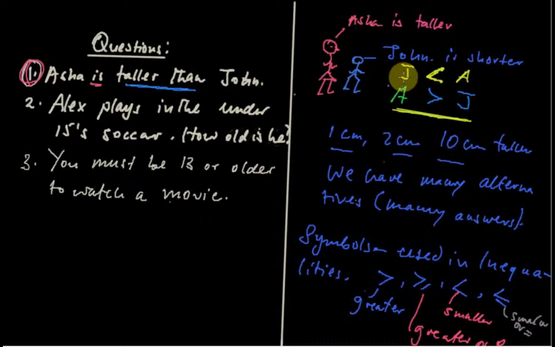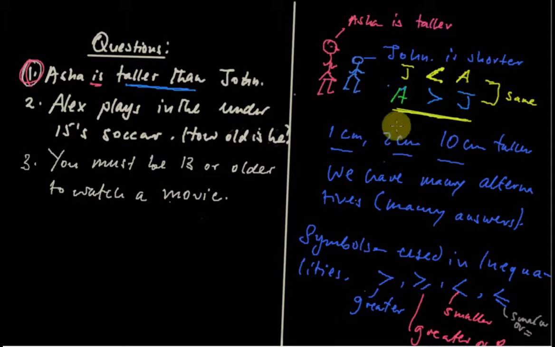John here is to the left, and this opens to the other side, so it shows that John is still shorter than Asha. This here and this here have the same meaning. John is shorter than Asha. Asha is taller than John.